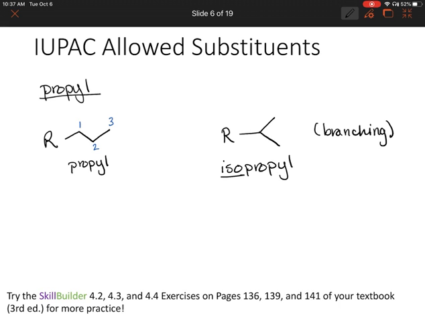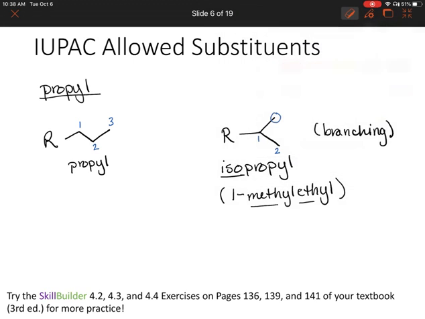Now there's another way that we could name this. Our longest carbon chain on this substituent is 1, 2, and then we have a methyl group up above. So we could also call this 1-methyl ethyl. So this tells us we have a methyl group on an ethyl substituent.